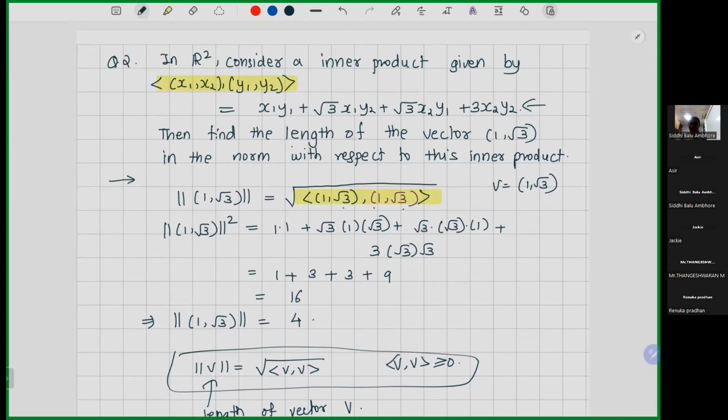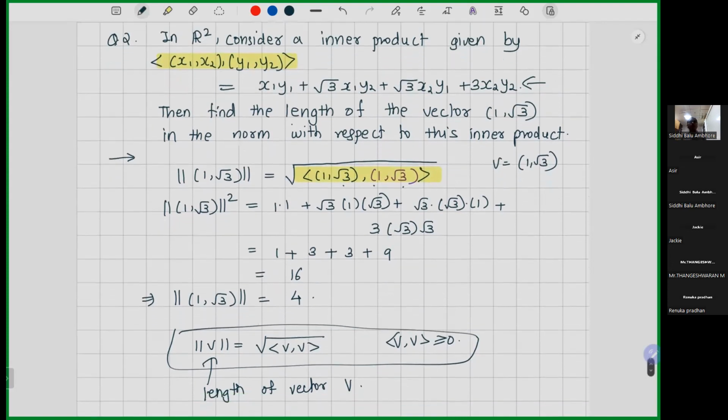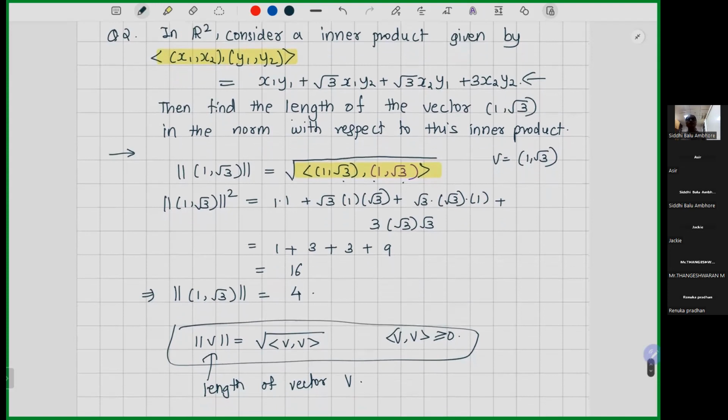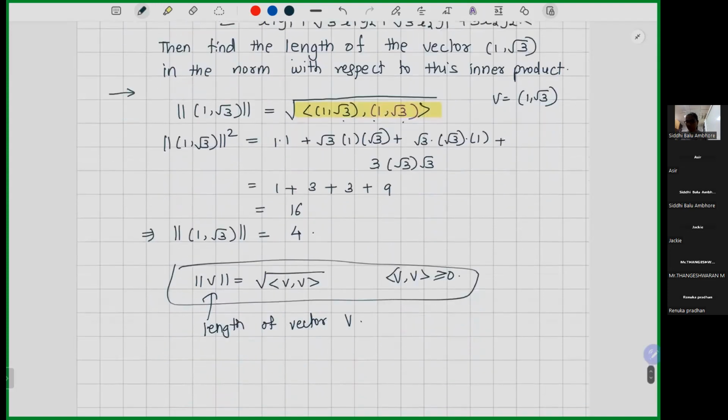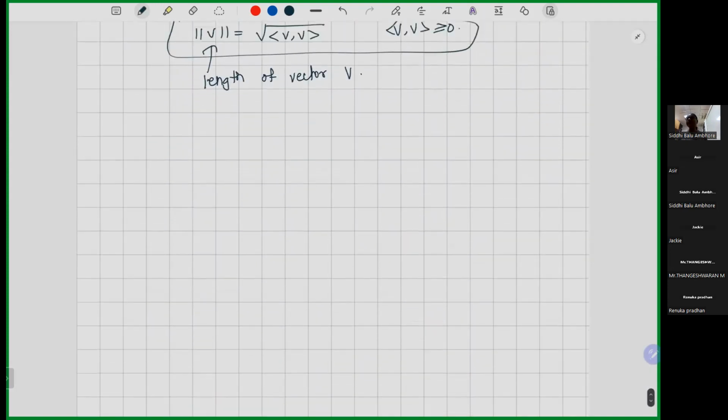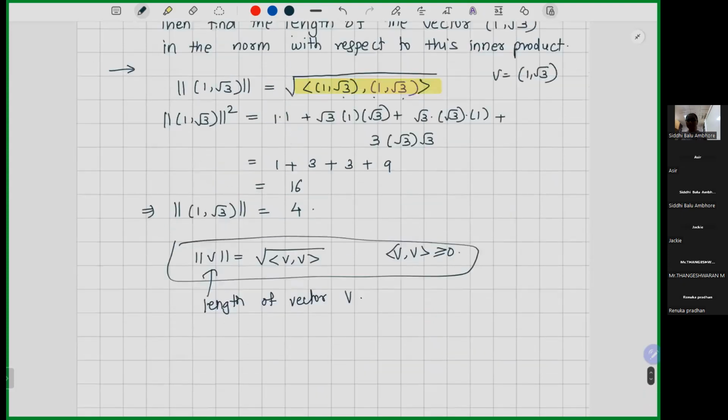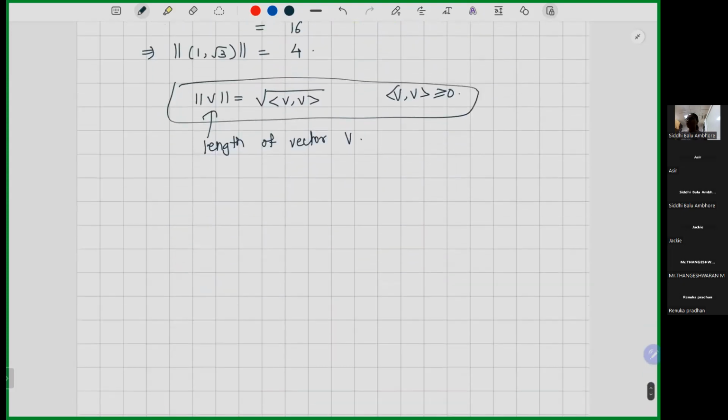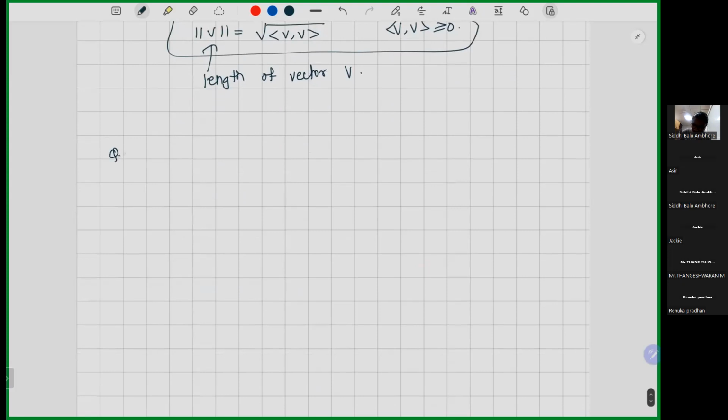Now this is the definition, and I just substituted it as it is. Is it okay now? Yes, yes. Any doubts here? Please let me know. Otherwise, I will move to the next question. If you still have doubts, please let me know.